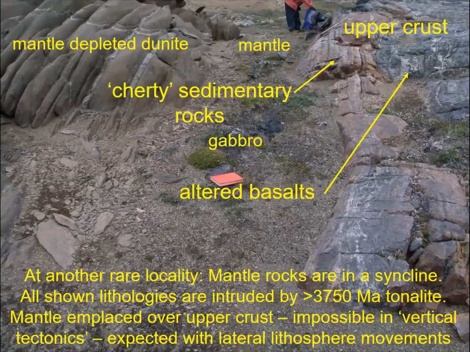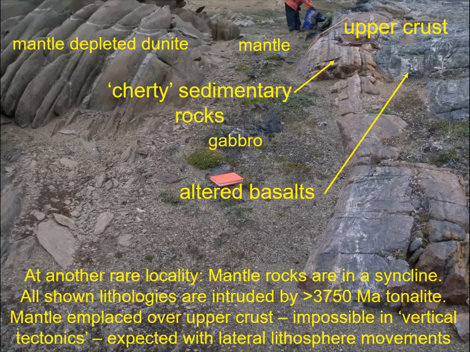Another locality, this is actually not at Eoarchean, it's actually in the coastal regions. And in this, we have actual mantle depleted dunite sitting in a syncline. And that mantle dunite is actually bang up against cherty metasedimentary rocks and altered basalts.